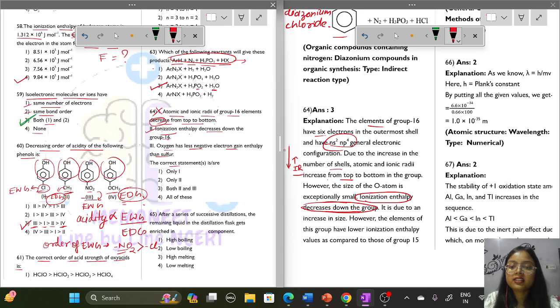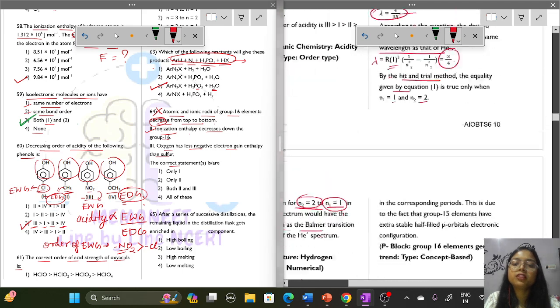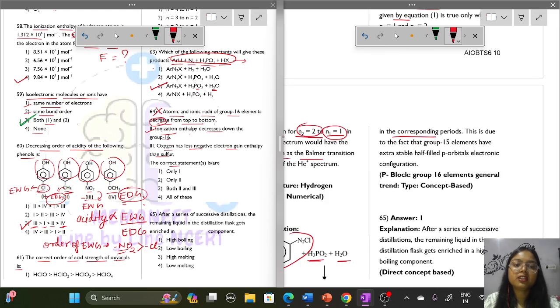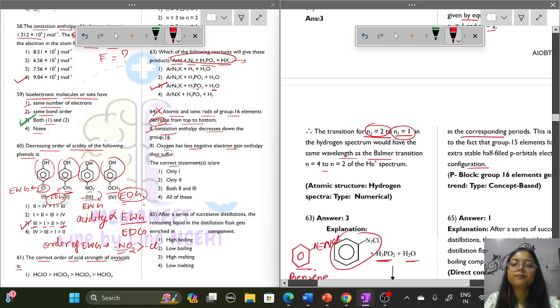Next, it is due to the increase in size. However, the elements of group 16 have lower ionization enthalpy values as compared to those of group 15 in the corresponding period. Lower ionization enthalpy means that oxygen has less negative electron gain enthalpy than sulfur. This is due to the fact that group 15 elements have an extra stable half-filled p orbital configuration.